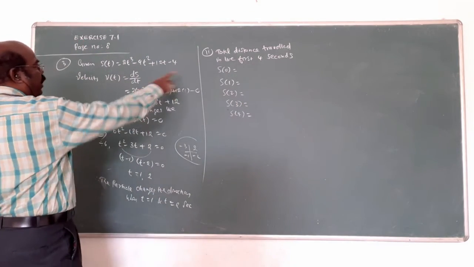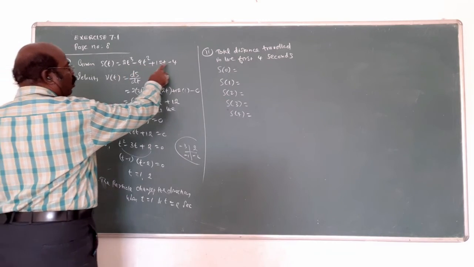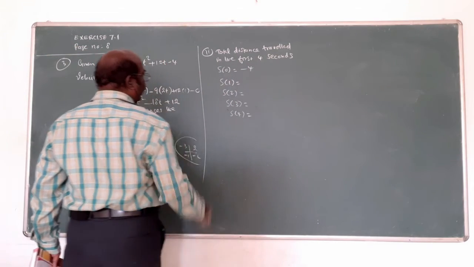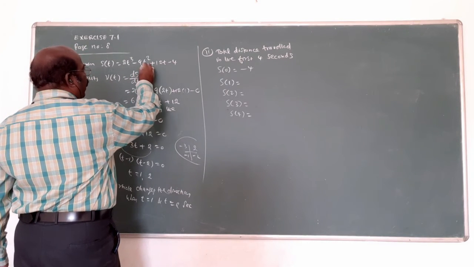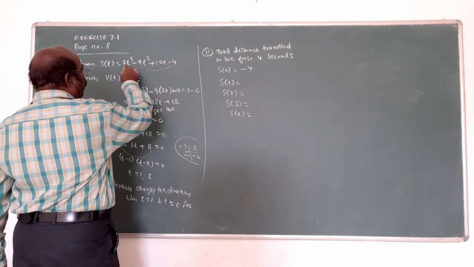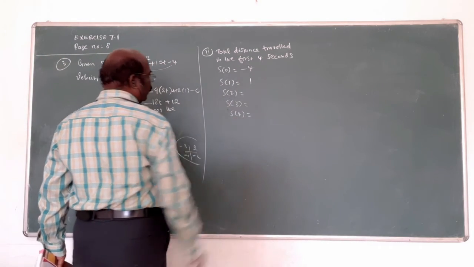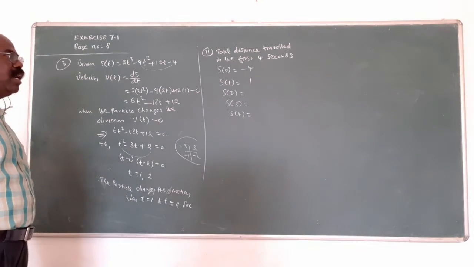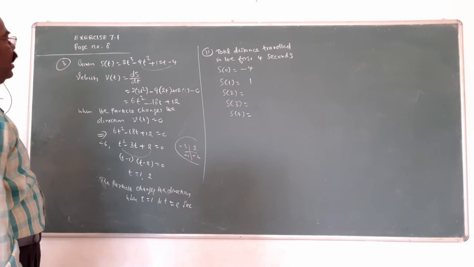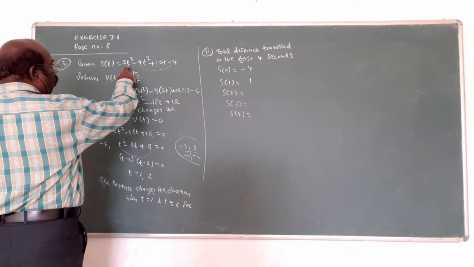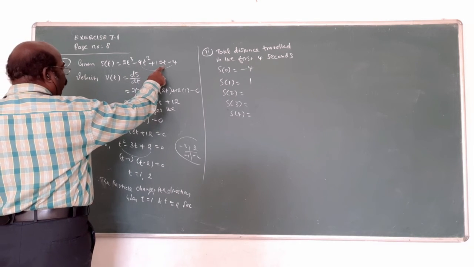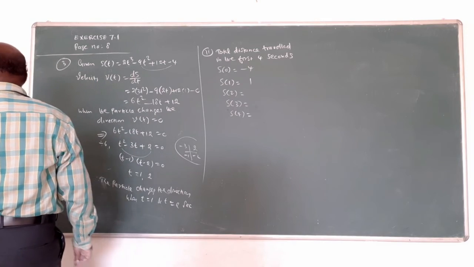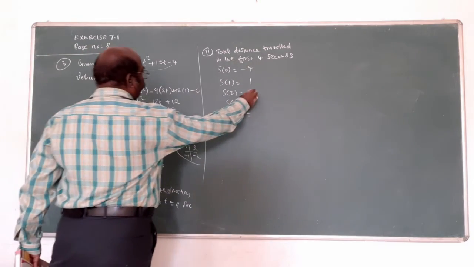When S of 0, replace t by 0, only minus 4. Okay? For t equal to 1: 2 ones are 2, 9 ones are 9, 12 ones are 12, minus 4. After calculation, the answer is 1. I write the answer directly from rough calculation. Then for 2: 2 cube is 8, 16, 2 square is 4, minus 36, 12 into 2 is 24, minus 4. After simplification, S of 2 is 0.